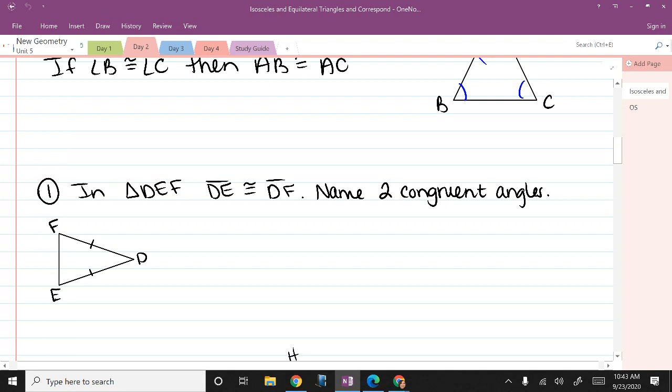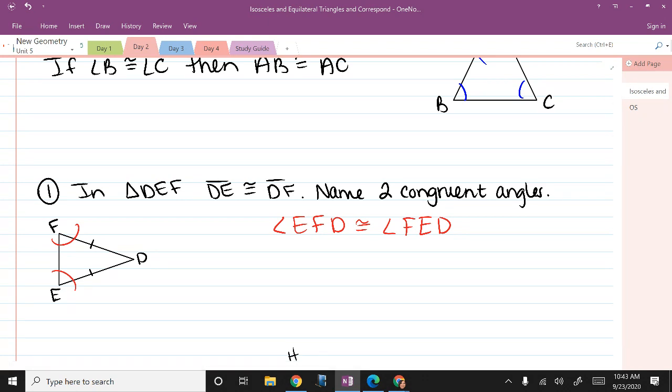Three. Angle EFD is congruent to what angle? FED. Very good. So if those two sides are congruent, then D is the vertex angle. So that means these two angles are congruent. Does that make sense? Because D is the vertex angle, because that's where the two congruent sides meet. So the base angles are congruent.